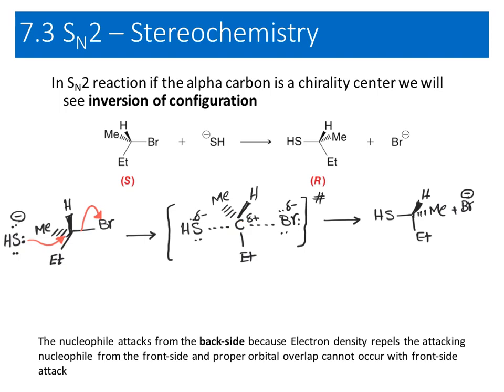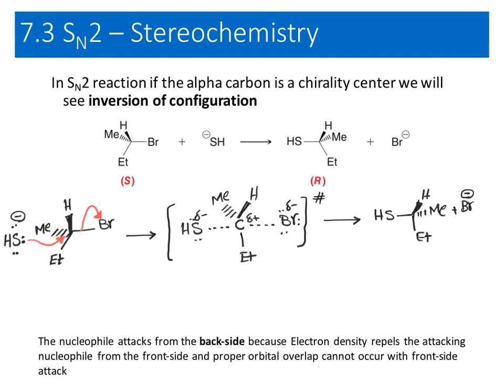Also in the transition state, you'll see the nucleophile is coming from the opposite direction of where the leaving group, the bromine, is leaving. So when nucleophile is coming in and attacking the electrophilic center, it shifts all the groups that are attached to the electrophilic carbon to the opposite direction, and that causes inversion of configuration.